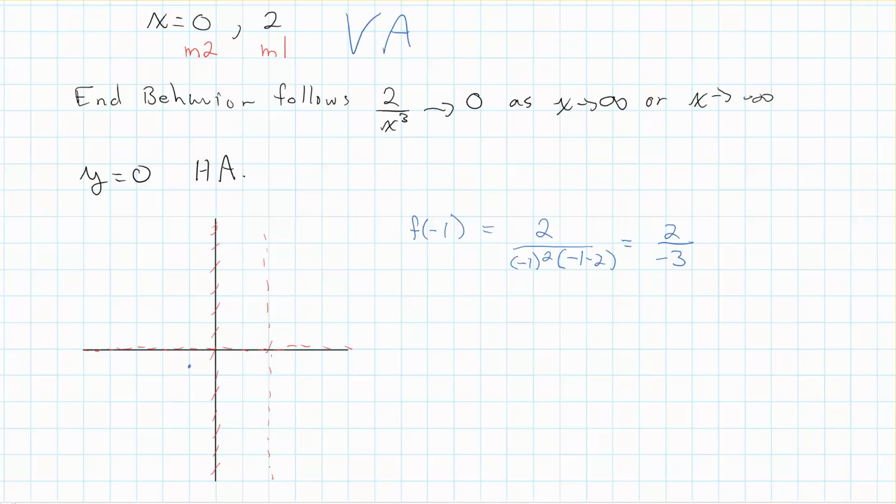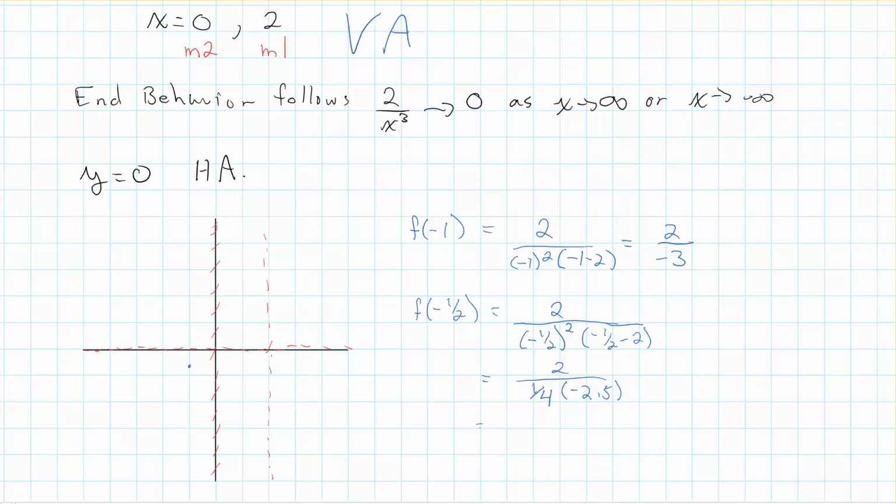All right, so let's do another one here. Let's do x equals -1/2. And so this would be 2 over -1/2 squared times -1/2 minus 2. So this is going to be 2 over 1/4 times -2.5.